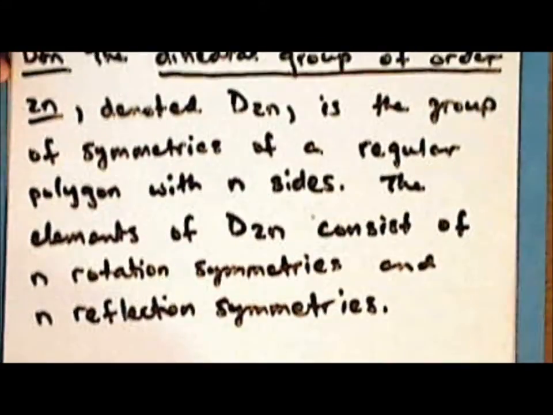So let's look at the simplest regular polygon, which is an equilateral triangle.